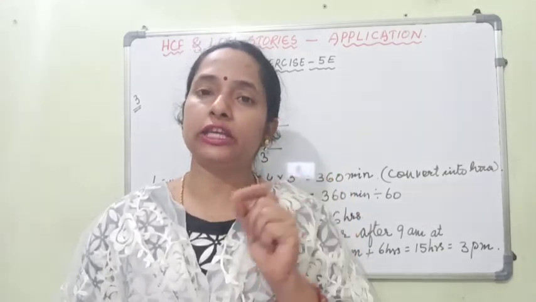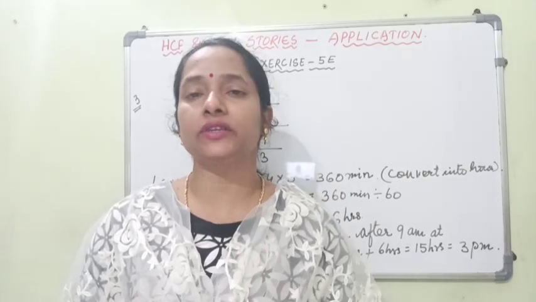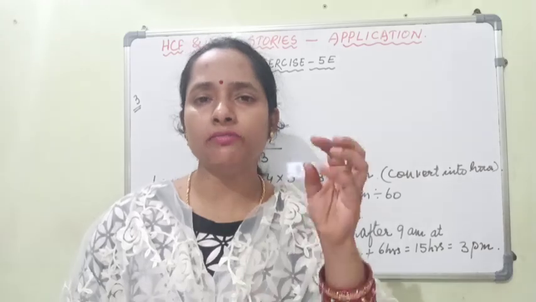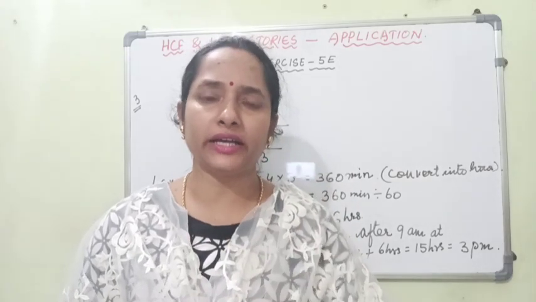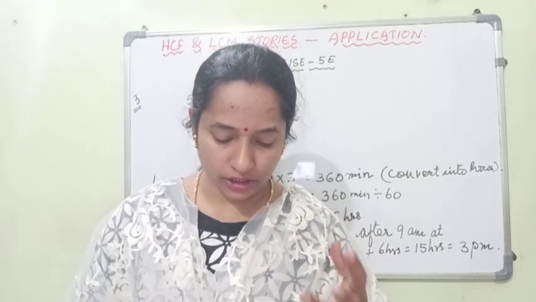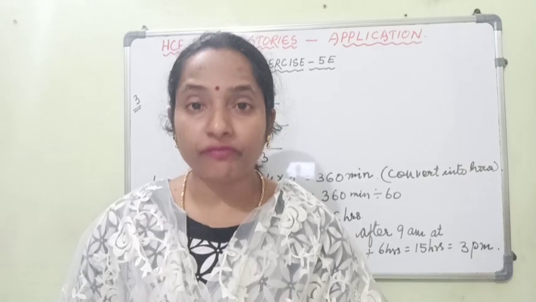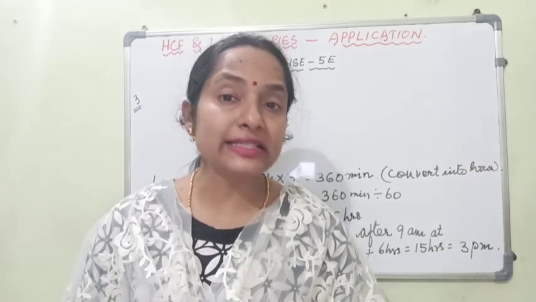That is your keyword to identify that the number of students who can stand in rows of 15 or 20 or 25 is found by taking the LCM of these numbers.